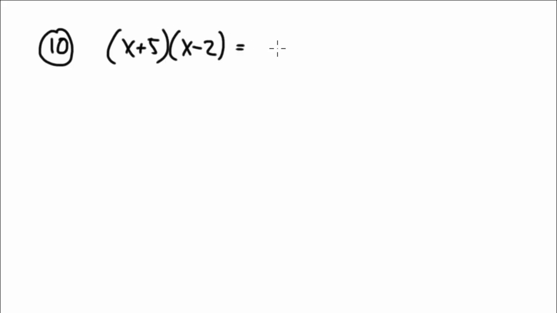So if you go on to the next question, question 10, we've got (x + 5)(x - 2) = 0. Now there's two terms here and two terms here, so you end up with 4 terms when you expand it. So I'm going to say that times that, and that times that is x squared.